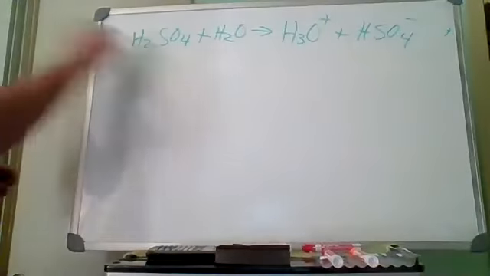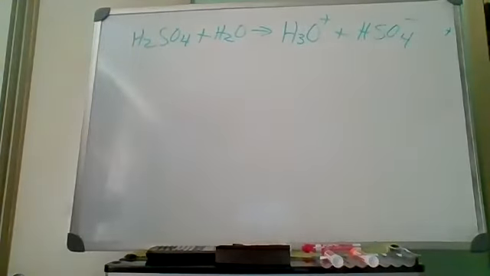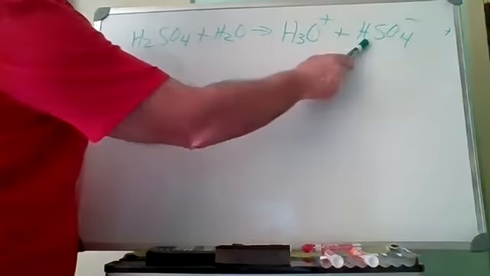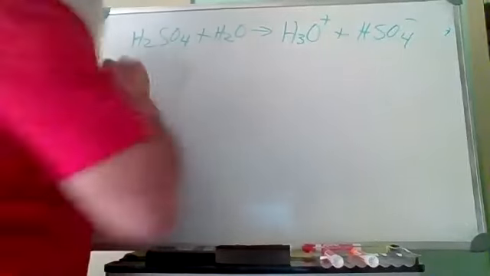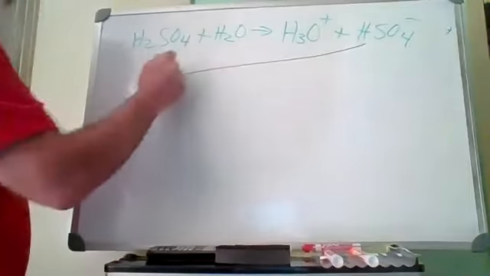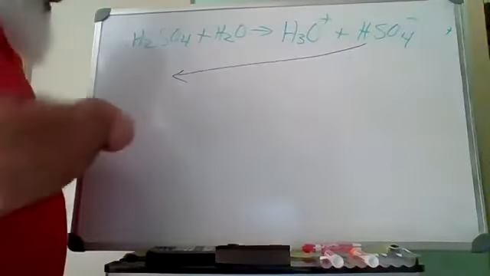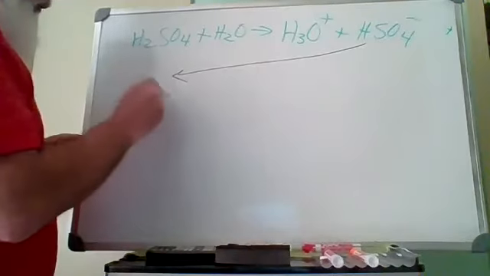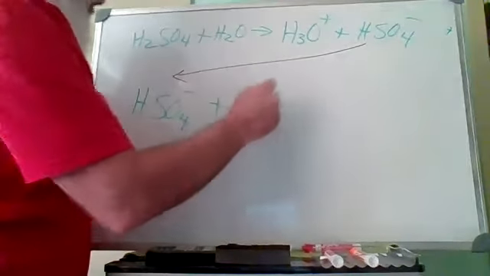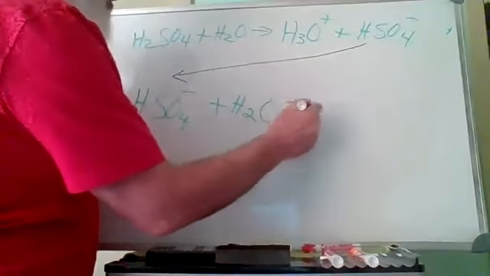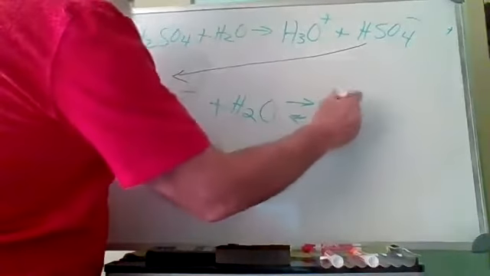So this H2SO4 is a strong acid, okay? But the conjugate base here itself contains an acidic proton, so it likewise can dissociate. But in this case, removal of the second proton is a weak acid operation, so it is an equilibrium.